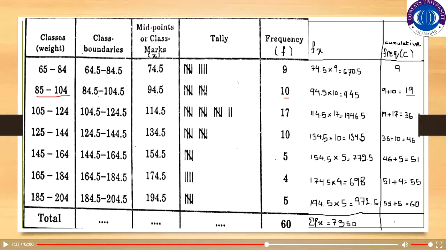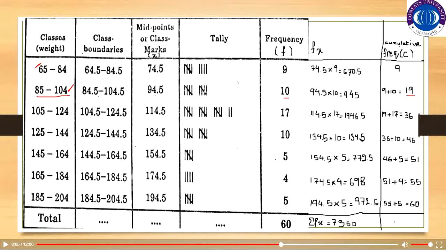It represents the number of observations from the lowest point of the data to the upper limit of that particular class. So, there are 9 observations in first class, 65 to 84, and 10 observations from 85 to 104. So, the total observations from 65 to 104 is 19.